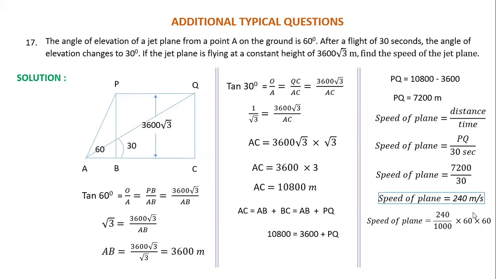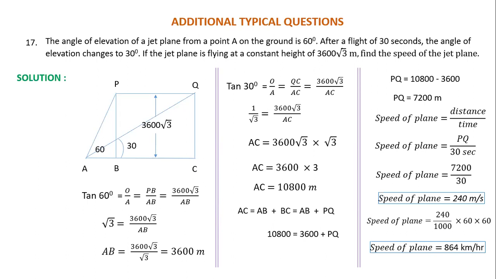And 1 kilometer is 1000 meters, so you divide by 1000. So 240 upon 1000 into 60 into 60 will give you the answer in kilometers per hour. So 864 kilometers per hour is the speed at which the aeroplane is flying.